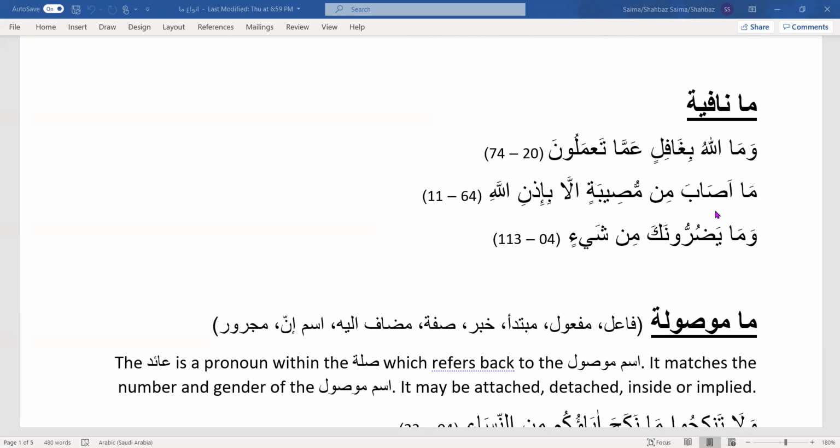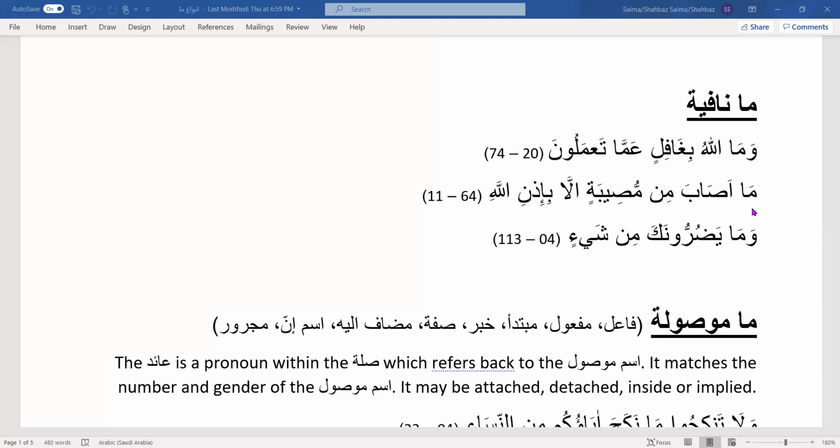Ma not, asaba hits or strikes, any musibatin, disaster or calamity, illa except, bi-izni with the permission of Allah. All right. No calamity befalls except with the will of Allah. So ma came with illa.